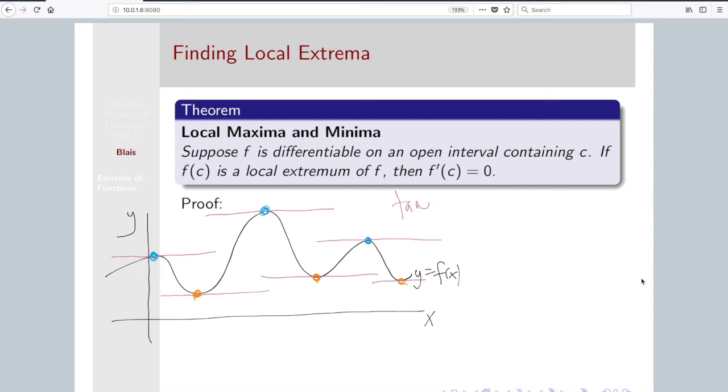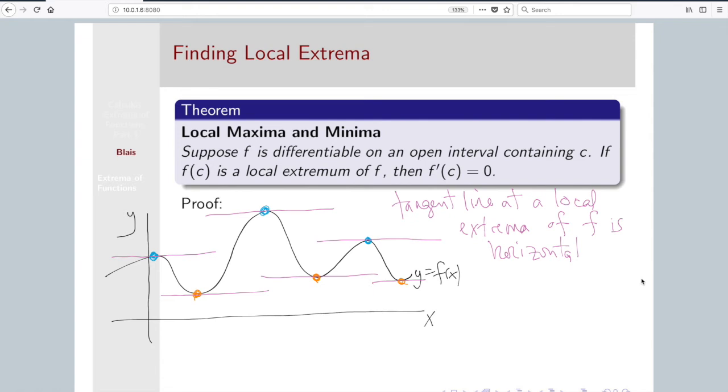So the tangent line at a local extremum of f is horizontal. What does it mean for the tangent line to be horizontal?